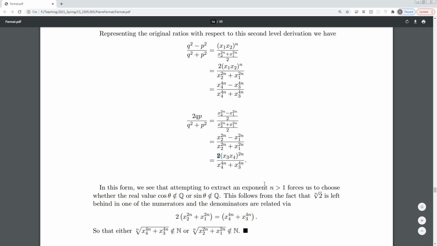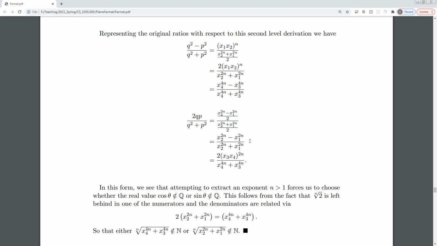And we know that this will not cancel it out, because this was defined as twice the value of this, so that either the nth root of this is going to be not an integer, or the nth root of this, and that's because of this 2 right here. So one of these had to be irrational, so that you can't pull it out, you can't get away from it. Okay.